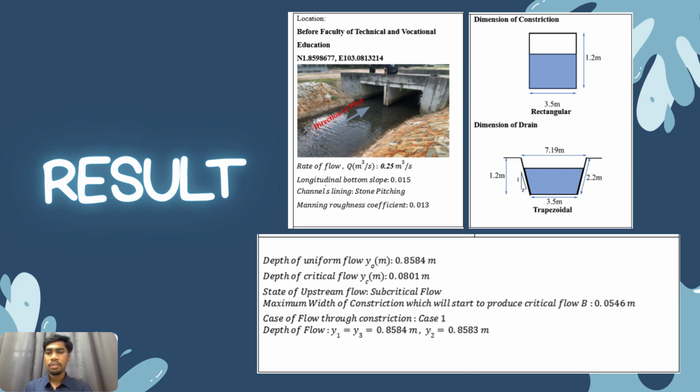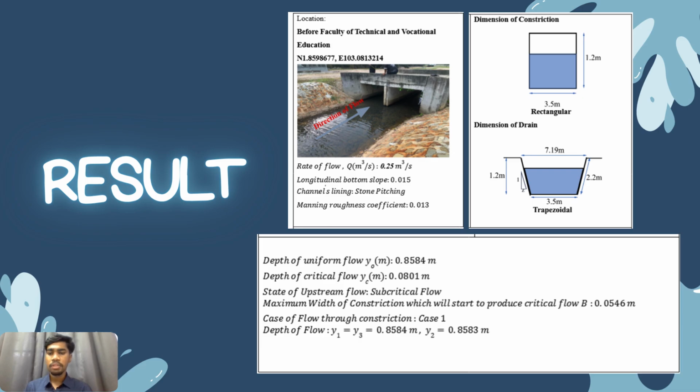So these are the results we got from our project. The location is before the Faculty of Technical and Vocational Education, and the Q value given is 0.25 meter cube per second, and longitudinal slope SO equals 0.015, and the channel lining is stone pitching, and the Manning roughness coefficient is 0.013.